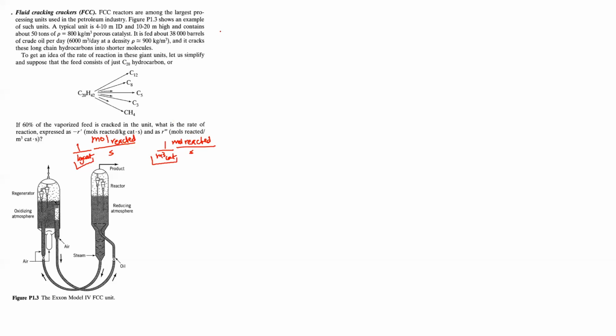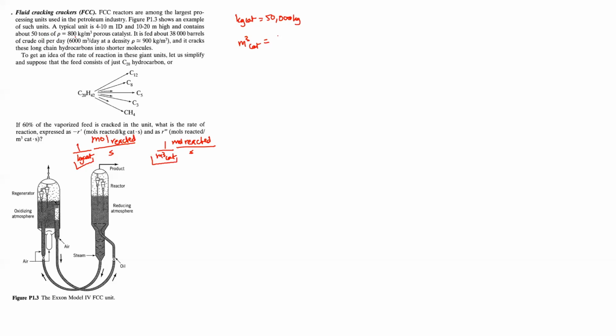I think this is given directly. So you're told that it contains about 50 tons of catalyst. So you're already given that your kilograms of catalyst is equal to 50 tons, which is 50,000 kilograms, right? And in order to get the meter cubed of catalyst, you're given the density, which is 800 kilograms per meter cubed.